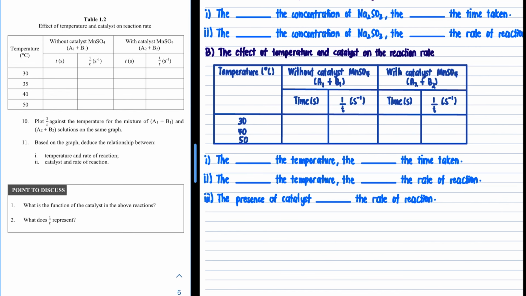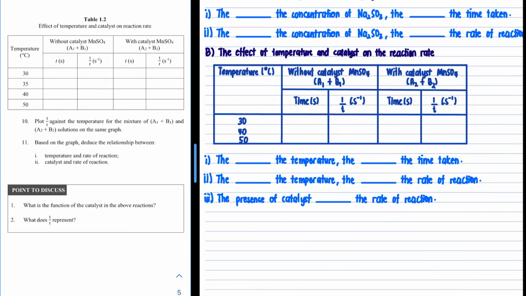Okay, so that is the example for the graph of part B. After you have plotted the graph, the last procedure for experiment 1, number 11, is: based on the graph, deduce the relationship between, number 1, temperature and rate of reaction, and number 2, catalyst and rate of reaction. So for number 1, even though it does not mention the rate of reaction or the time taken, I'm just going to write it down.